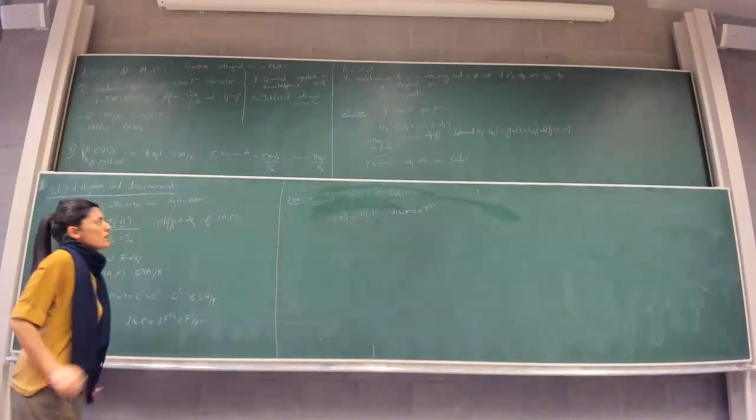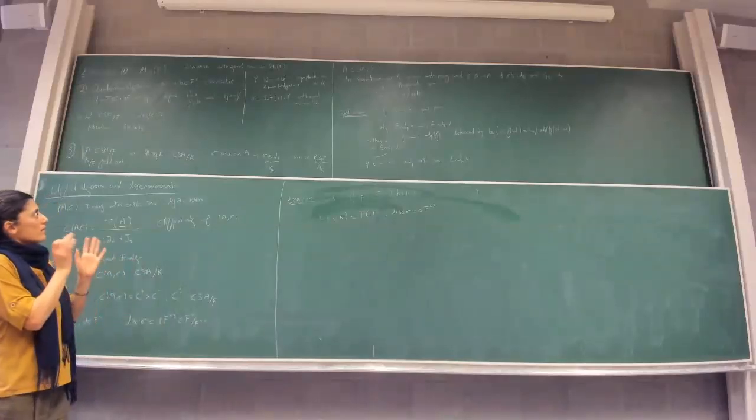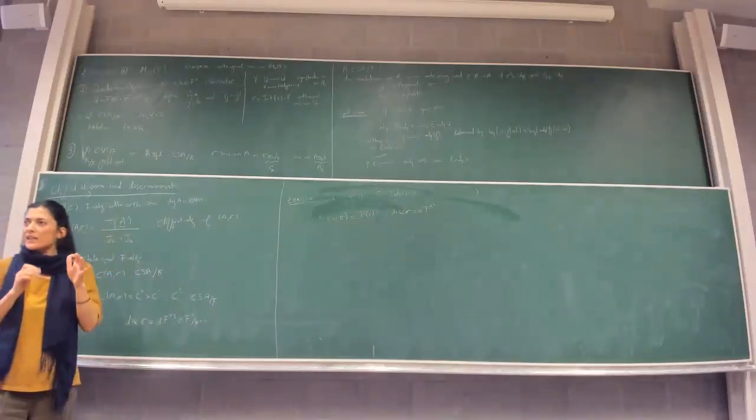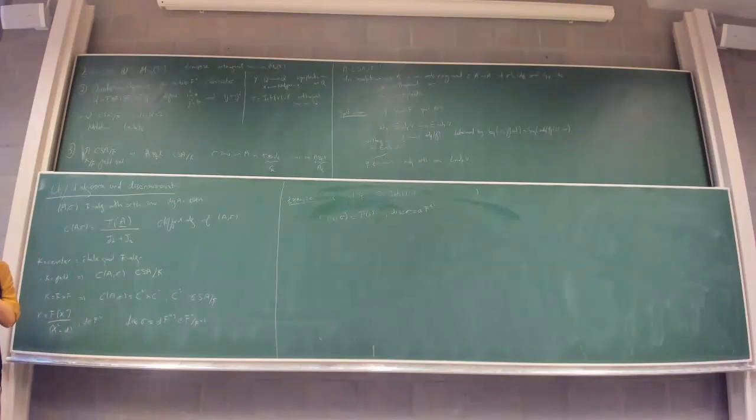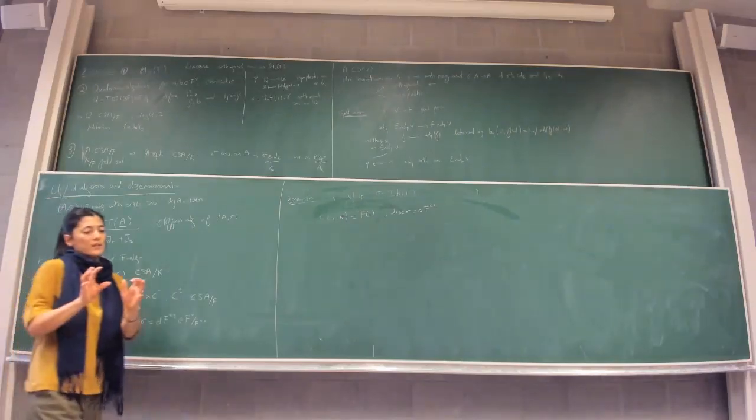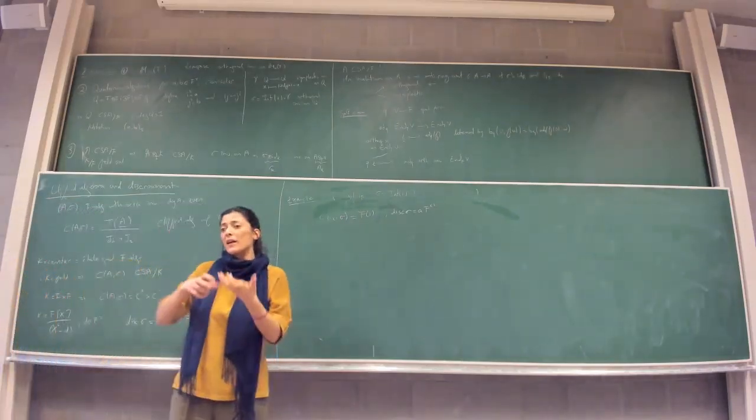Okay. So now we have our invariants, so I can give the classification result, but I will give it in a different terminology. So first, let me make this remark.